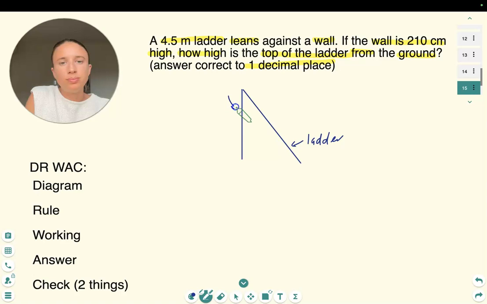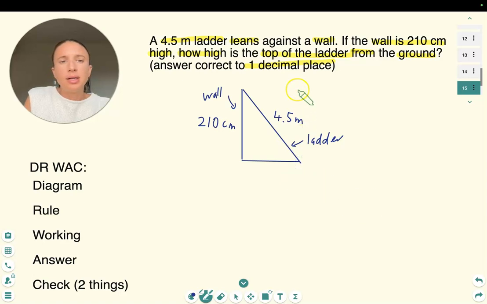So this is our wall. You can label it with words. And we know that our ladder is 4.5 meters long. If the wall is 210 centimeters high, okay, this is the wall, we labeled it. How high is the top of the ladder from the ground?